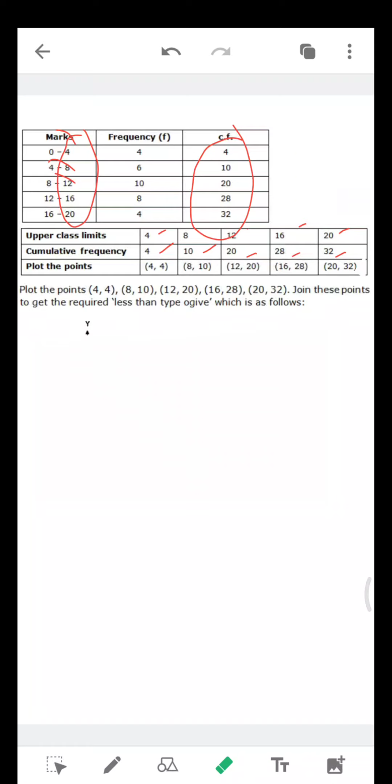So for drawing the graph, you know very well, you take x and y axis. Then the first point comes on the x axis. You can take the marks, that is 4, 8, 12, 16 and 20, and on the y axis you can take the scale as 10 units, 1 centimeter. Because the maximum is 32, I took the values till 40.